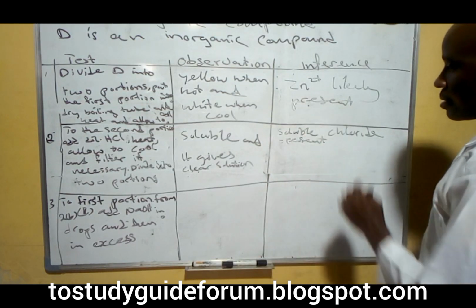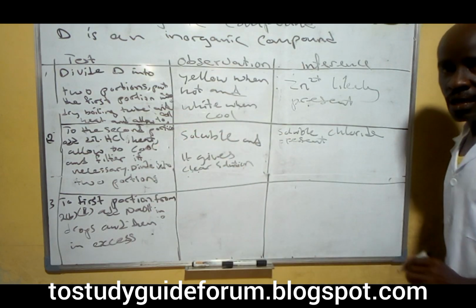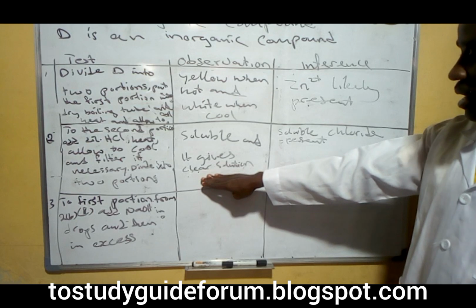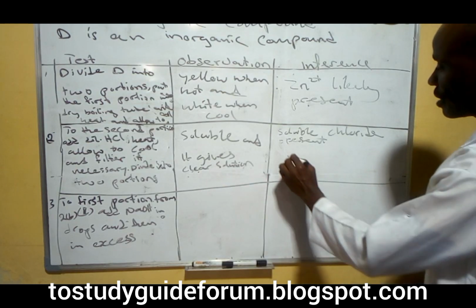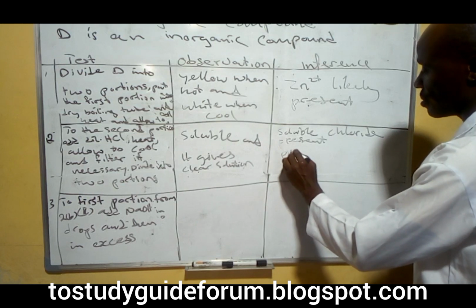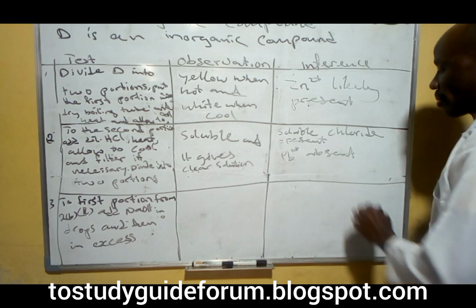And for the fact that we do not see anything like crystals or precipitate, it means that lead ion is absent.